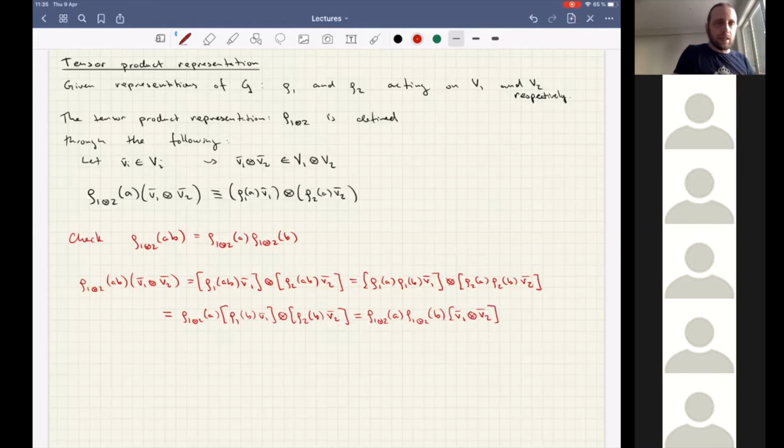So indeed, this definition of the action of this representation on the tensor product space means that it's actually a representation, because it satisfies that rho 1 tensor rho 2 of AB is the same thing as representing B and A separately.